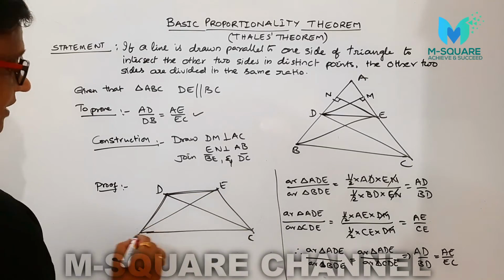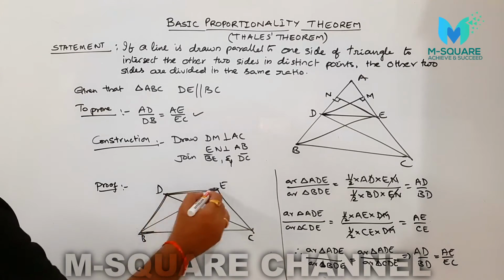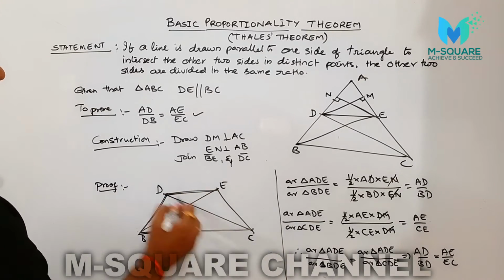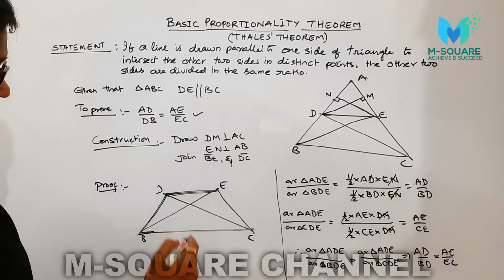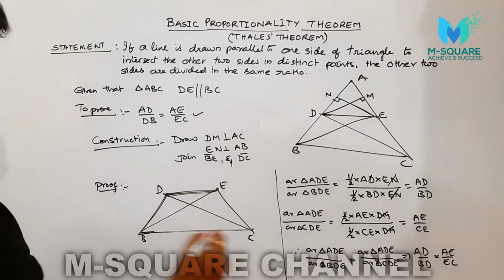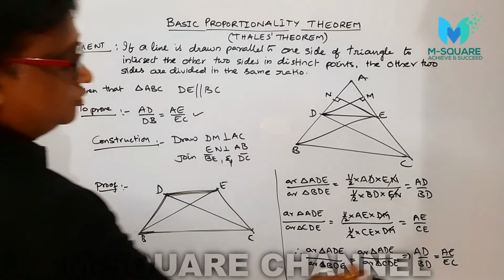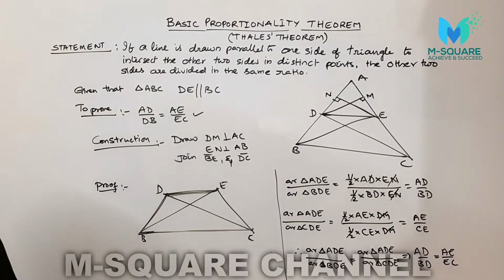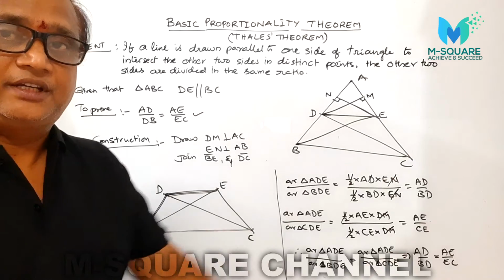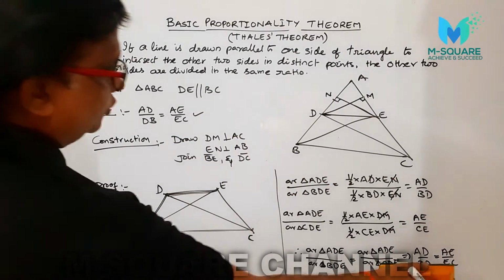Between two parallel lines, there are two triangles having the same base, BDE and CDE, with DE as the common base between the parallels. So the heights are the same, so the area of triangle BDE and triangle CDE are the same. Therefore, these two are equal, so AD by BD equals AE by EC. This is the basic proportionality theorem up to here.